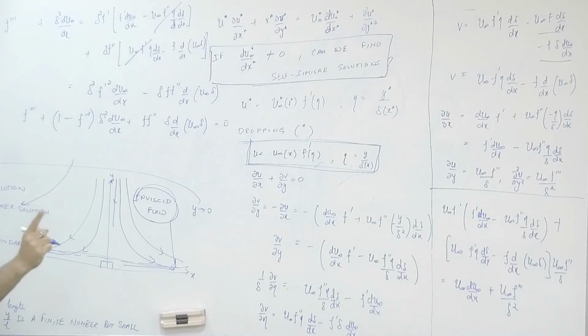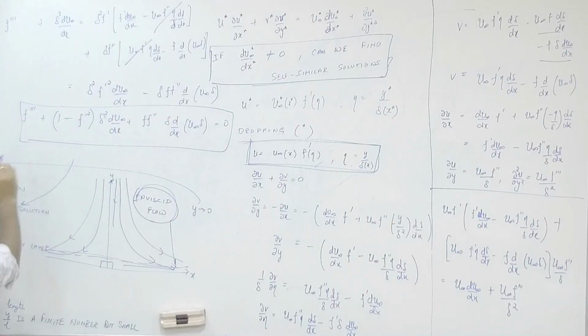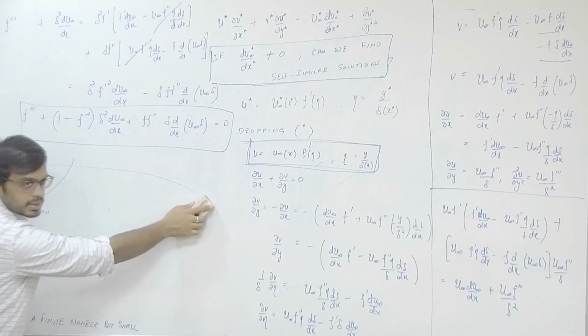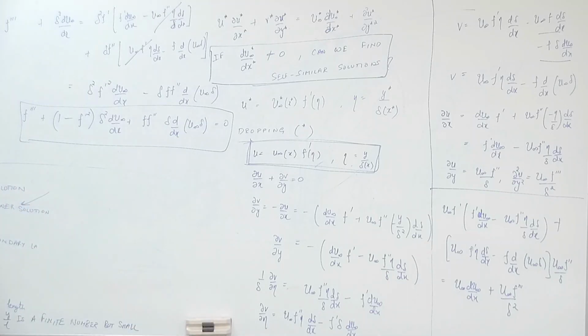So first condition of being able to find a self similar solution was what? What should this equation be? This should be an ODE in eta, right? So if this equation has to be an ODE in eta, that means x and y should not appear. Our scaling of y by delta x should be such that we have converted a PDE into an ODE.